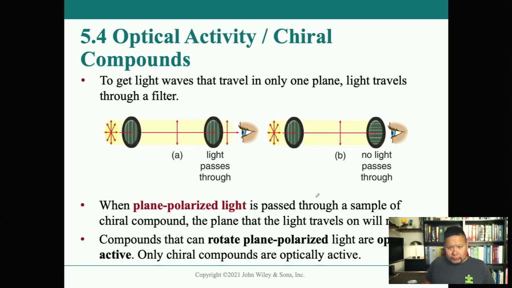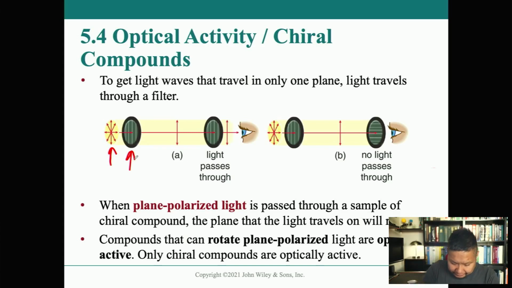So let's take a look at this picture right here. Here we have light going in all kinds of directions. That's what that little asterisk looking thing is. But now we have a filter where there are only gaps that are up and down.